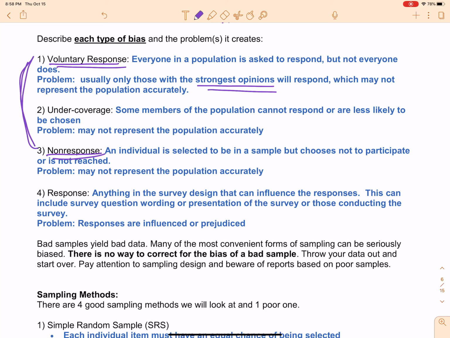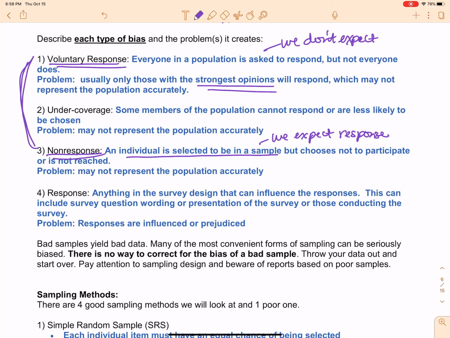For voluntary, we don't necessarily expect everyone to participate. With non-response, your individuals are selected to be part of the sample, and we expect a response from them. Okay? When we expect a response and we don't get one, again, that's not going to represent the population accurately. So non-response and voluntary response, they're easy to mix up, but again, it's about expectation.